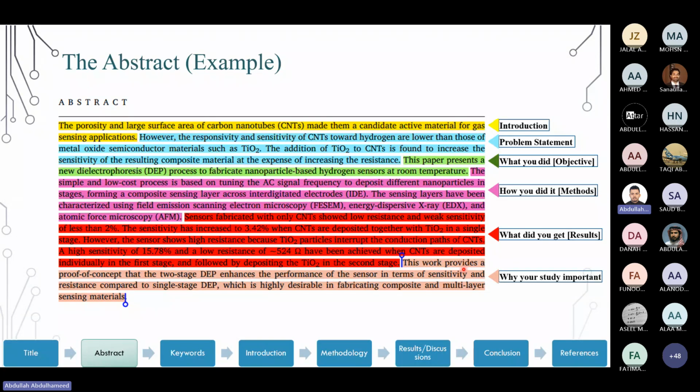You create a conclusion and then you link it to real life application. For example, this material will be good for batteries, and can also be good for supercapacitors, if you're talking about developing some material. Just try to make your research look very important. And this is called why your study is important, which is the last sentence. Maybe here I made it a little bit long, so you can make it short. Maybe one line and a half is also enough. So guys, this is about the abstract.